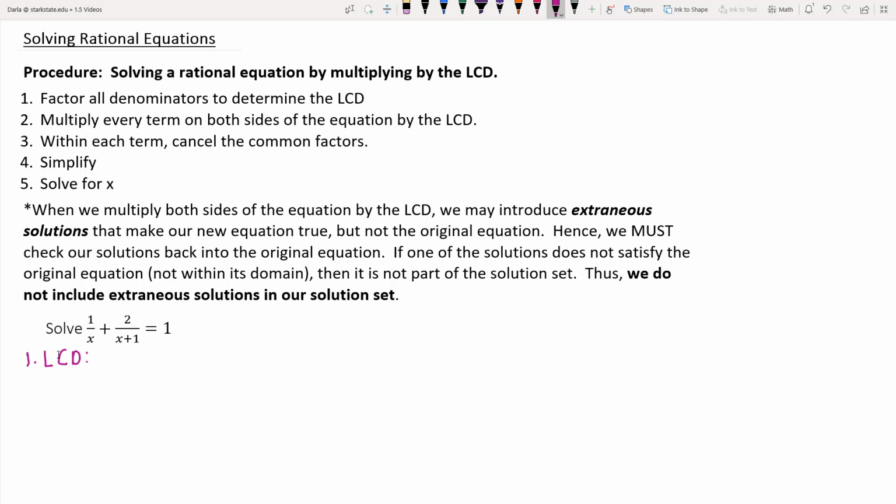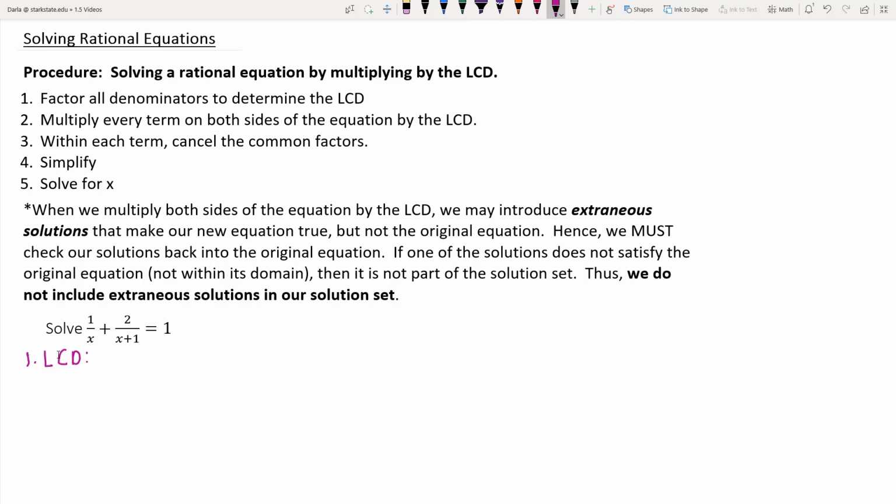Now, in order to do this, we would have to make sure both our numerators and denominators are in factored form, which they are, and then that would allow us to determine the least common denominator. So from our first rational expression, the denominator is x. So our least common denominator has to be big enough that every factor is accounted for.